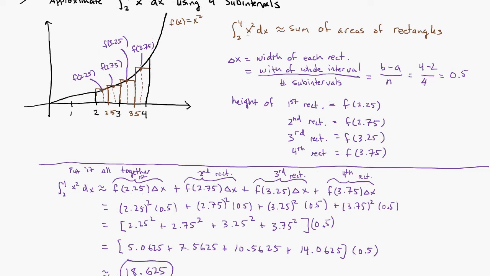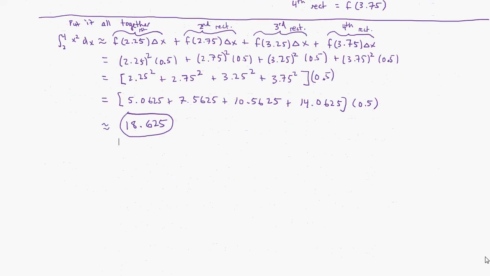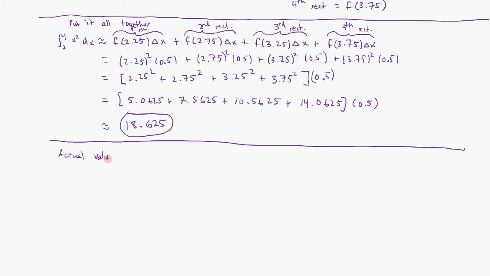But in this case, we can actually find the antiderivative, so let's see how this compares to the actual value. Let's compute it by finding the antiderivative. The antiderivative is x cubed over 3.